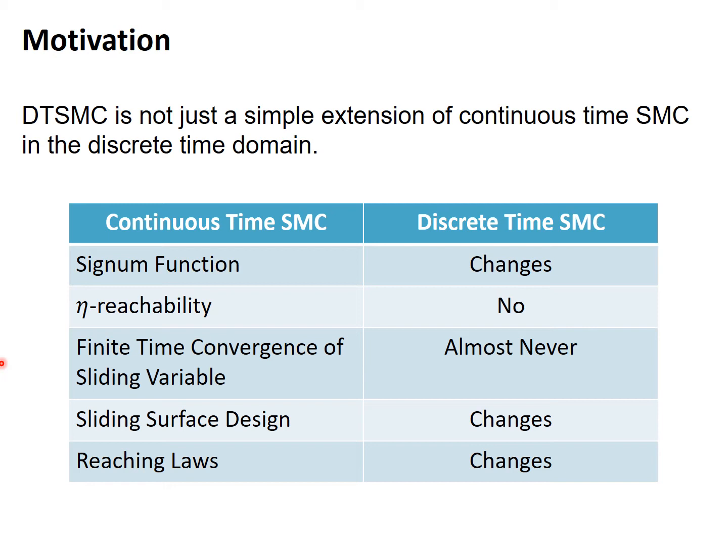In a continuous time system, the way the signum function is defined, as you know, is +1, -1, and at 0 any value between +1 and -1 is allowed. That is the definition which helps us impart the robustness to cancel out the disturbance. So this definition is mandatory. However, in discrete time sliding mode control, this definition changes.